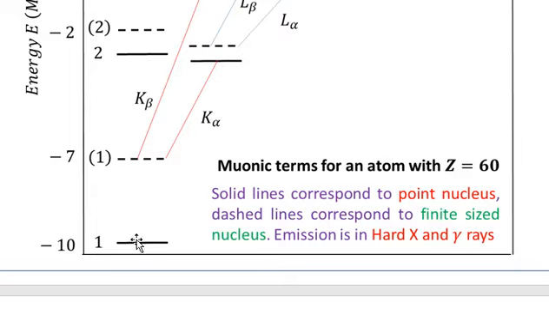And you see that this is the first level of the muonic atom when the nucleus is assumed as a point source, and when the nucleus is assumed to have a finite size, then of course this is the first state of the muonic atom.